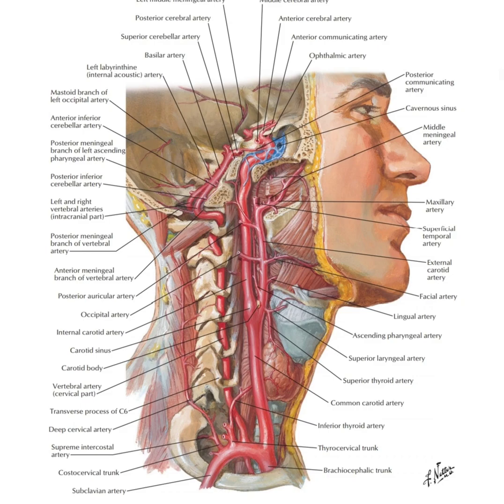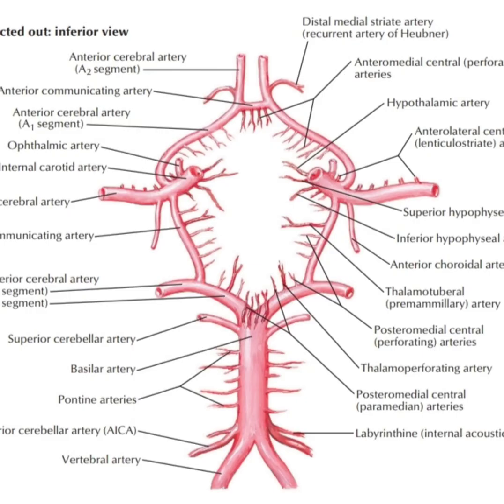Then we come to the internal carotid artery. The internal carotid artery ascends, goes through the carotid canal to the cranium, gives some branches, and contributes to the circle of Willis. Inside the cranium, the internal carotid artery gives some branches which mainly supply the brain and other intracranial structures.